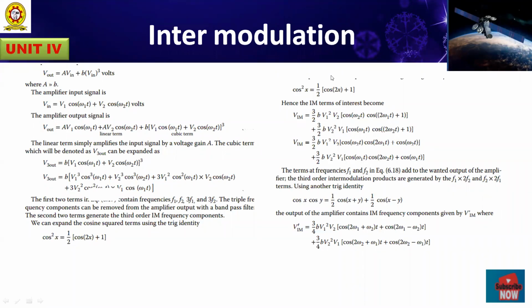But if they are within the bandwidth of the transponder, they cannot be filtered out. So you can check whether the intermodulation products are within the particular band or not by using the equipment.